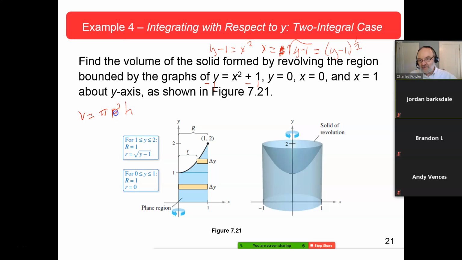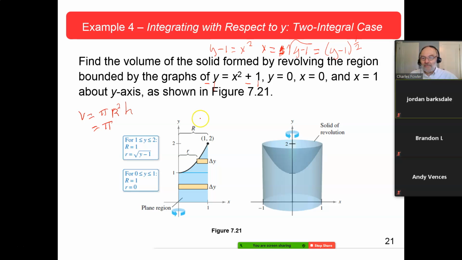I will, because that's what they use. The radius is 1, the height is 1, so this is going to be pi. That's all, because the R squared here is 1, the h here is 1. They probably want you to do the integral for it. You could if you wanted to, but you recognize that. There's no reason to do the integration if you know what that is.